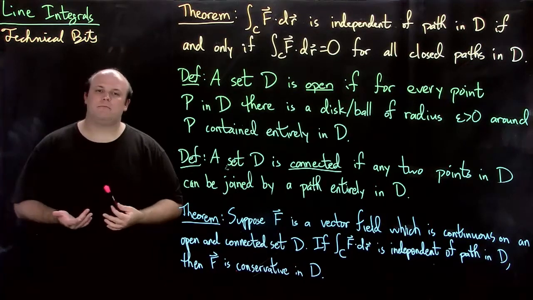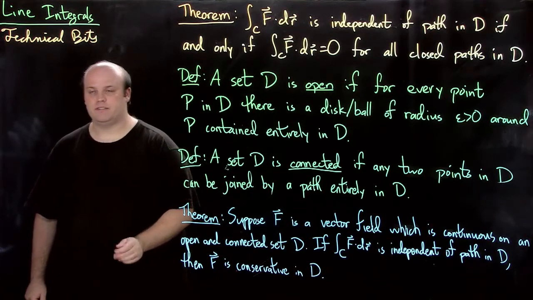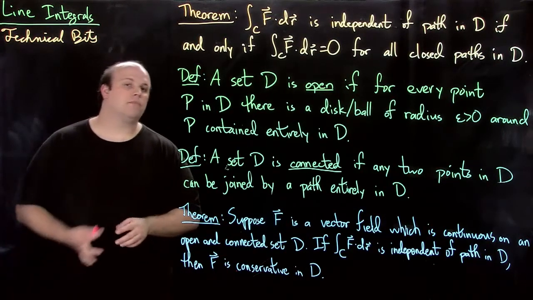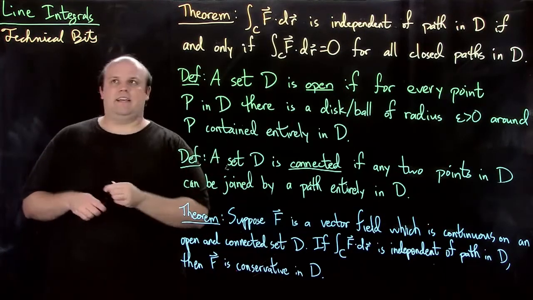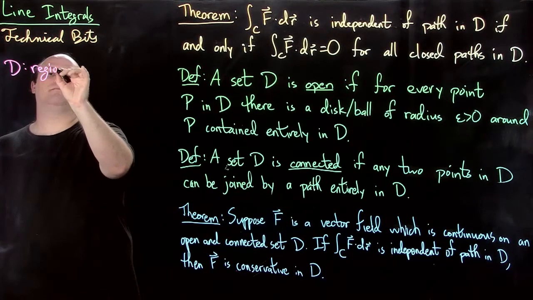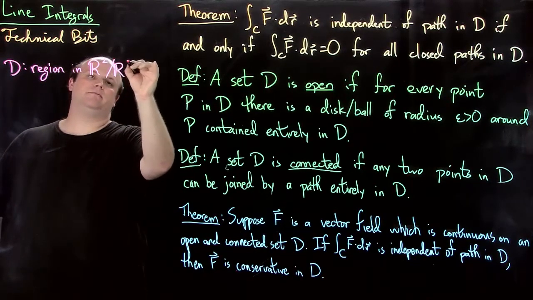But what we really want to get at is a way to tell whether a vector field is conservative or not. So how do we do that? Well, we need some definitions. This D here is going to be a region in R2, or it could be in R3 as well.